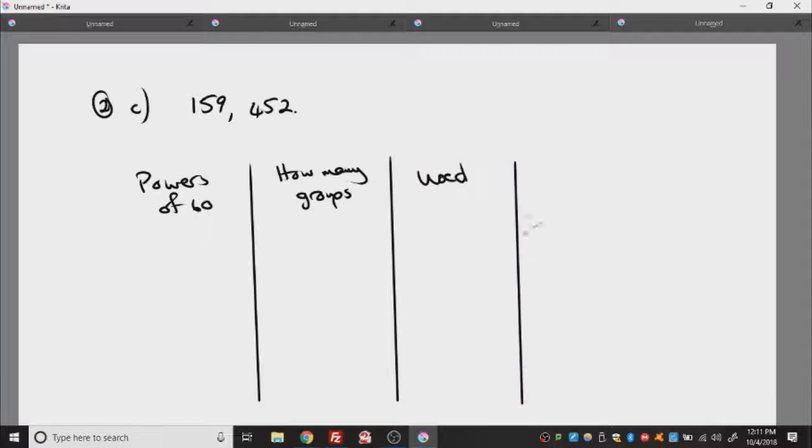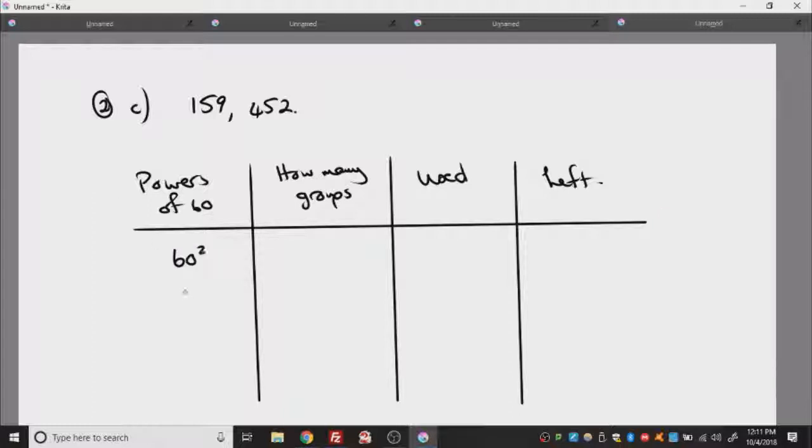If it helps your motivation, this is our last example for the day. What is left over? Now, knowing that 60 cubed is 216,000, that's not going to fit. So I just need to start at 60 squared and then go all the way down. Because 216,000 is too big.